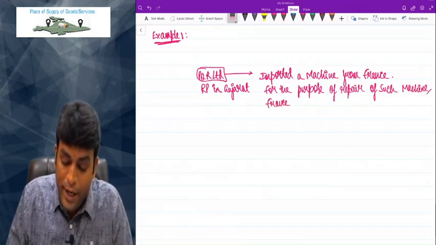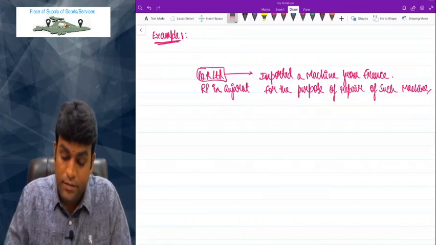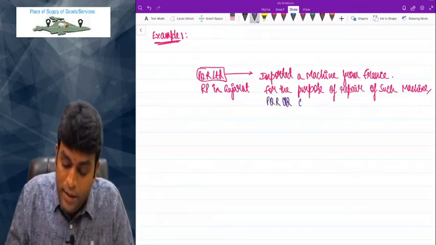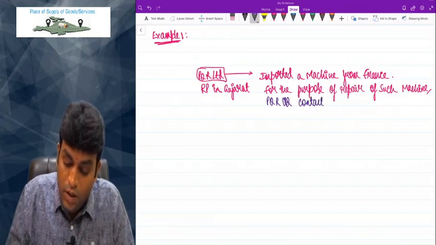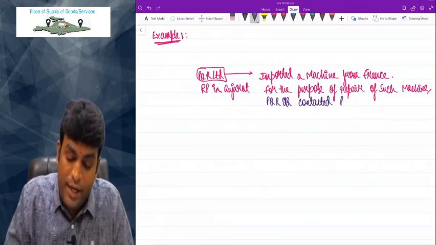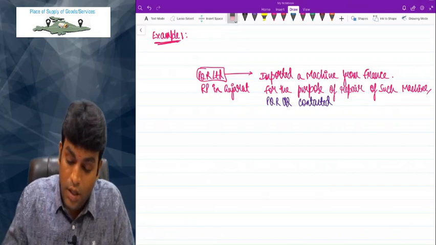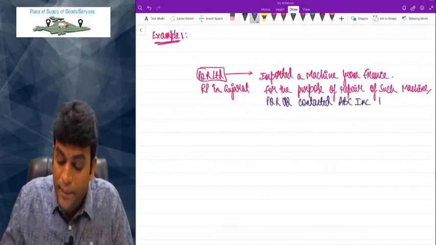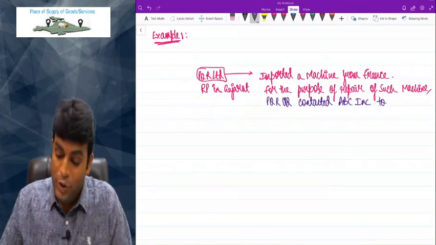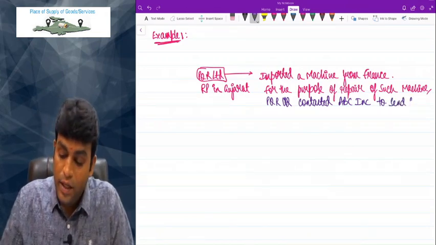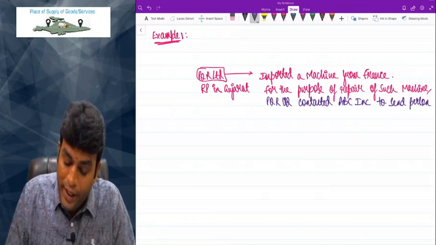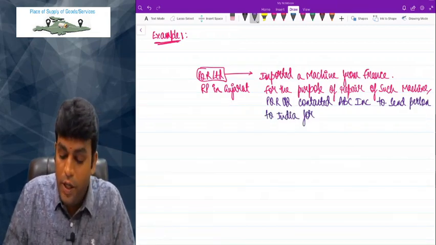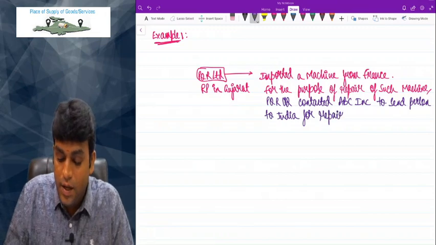For the purpose of repair of such machine, PQR Limited contacted ABC Inc. to send person to India for repair. Come on, my dear friends.